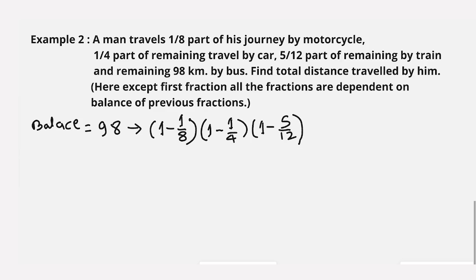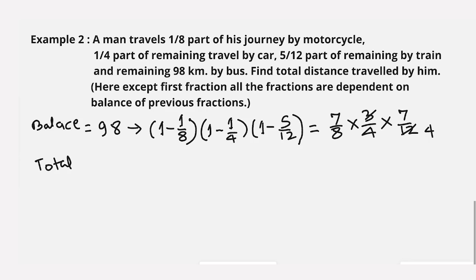Now 1/4 of remaining, so I write again it as 1 minus 1/4, and the third one is 5/12 of remaining, so I write it as 1 minus 5/12, and this is equal to 1 minus 1/8 is 7/8, multiplied by 1 minus 1/4 is 3/4, multiplied by 1 minus 5/12 is 7/12. 3 cancels 12 for 4 times.